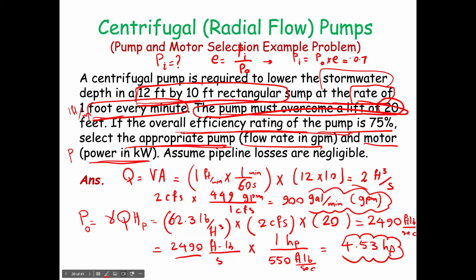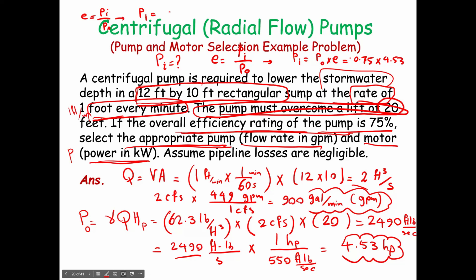So 0.75, 4.53, which gives you, let me write it here one more time because it's longer. E, PI over PO. Sorry for that.